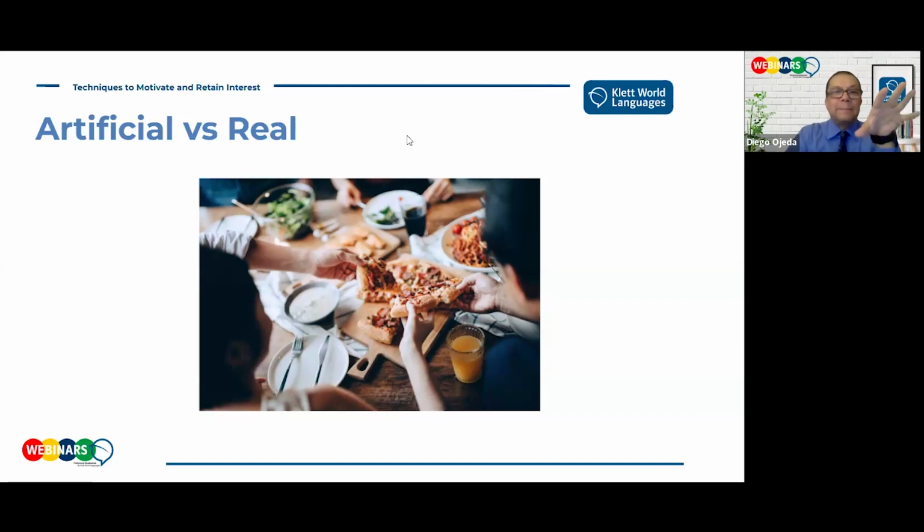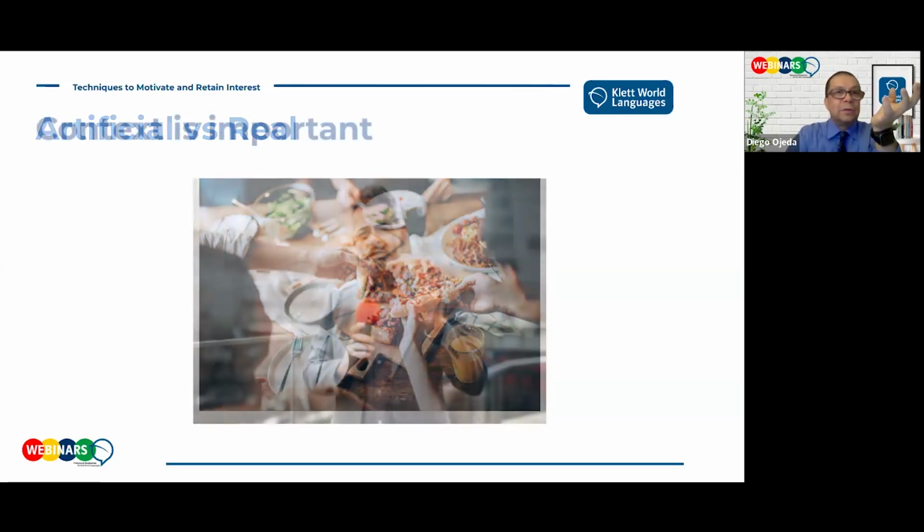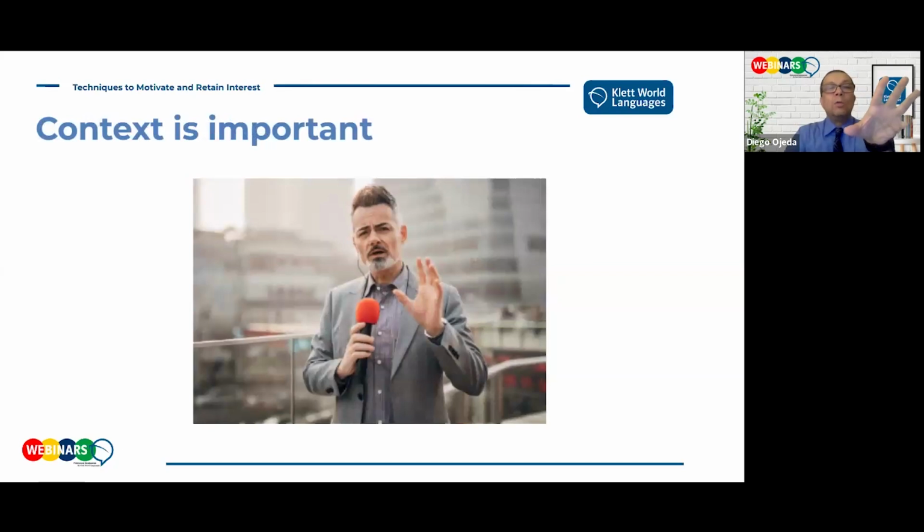And I put the picture of the pizza because pizza is one of the favorite foods for everyone, including me, but more to my students, and the kind of conversations that they have when they are sharing a pizza. That's real. And always keep in mind that the context is the most important thing, beyond the accuracy, beyond the form. The most important thing is the context.